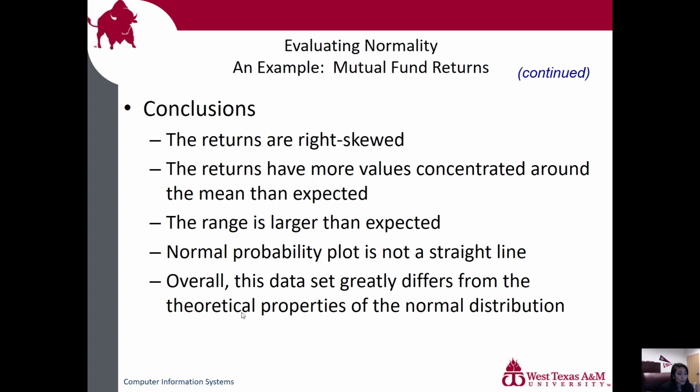So here in the past couple of slides, we've seen that those returns are actually right skewed. The range was much larger than we expected and that differs from a normal distribution. And if we're looking at that normal probability plot, it is not a straight line. So we can't say that this is a normal distribution and use those assumptions to make probability statements.